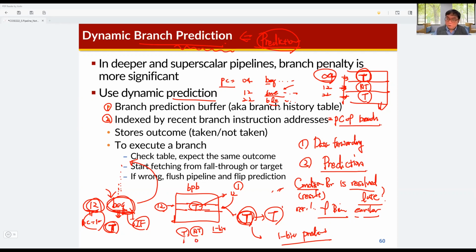So we can use 1 bit for this taken or not taken case. That's why this prediction is called the 1-bit predictor.